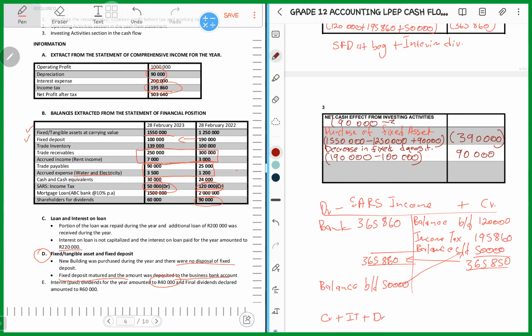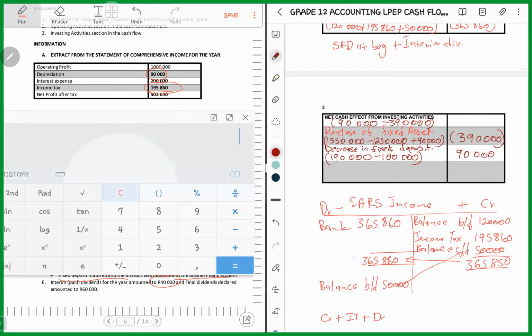So we're going to subtract 390,000. Then when we take the 90,000 and subtract 390,000, it gives us an outflow of 300,000. Then we are done with our activity.